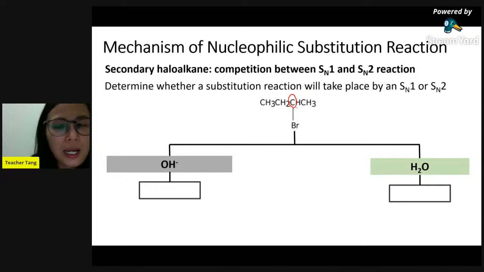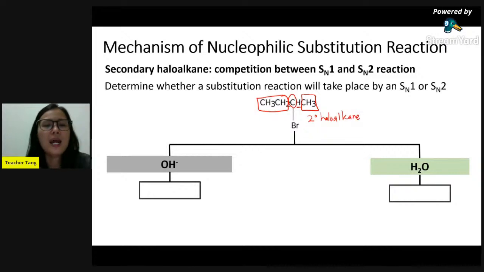It has one hydrogen, which means two alkyl groups, so it is a secondary haloalkane. It is determined by the strength of the nucleophile.